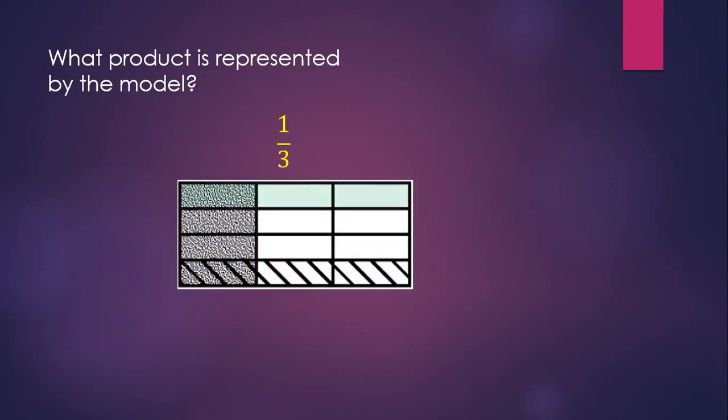And looking horizontally, you can see that the whole is divided into 4 equal pieces, and we're counting one of those 4 pieces. So our other factor is 1/4, which means we can write the product as either 1/3 times 1/4, or we could write it as 1/4 times 1/3.